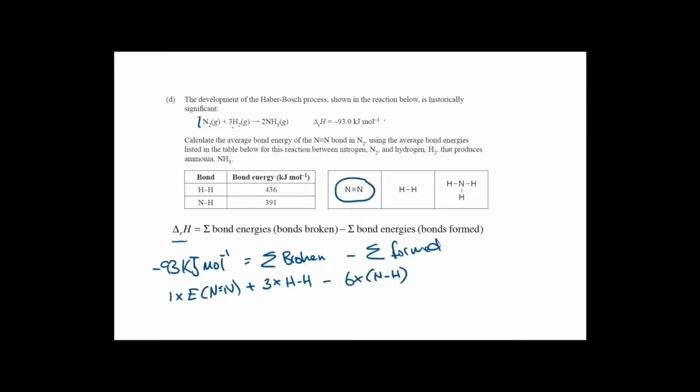So for every 1 mole of that, 3 moles of that, we get 2 moles of this, and there's 3 of those bonds there, and there's 2 of them. So there's 3 of these, and there is 1 of those.